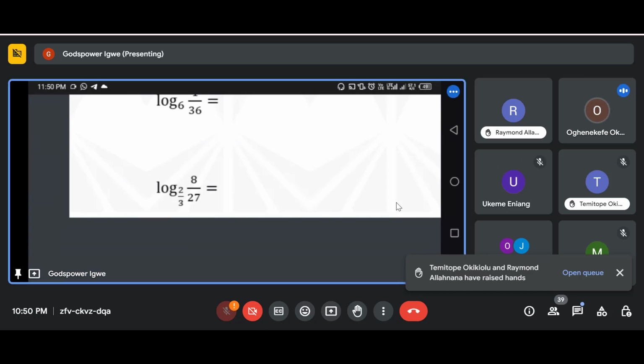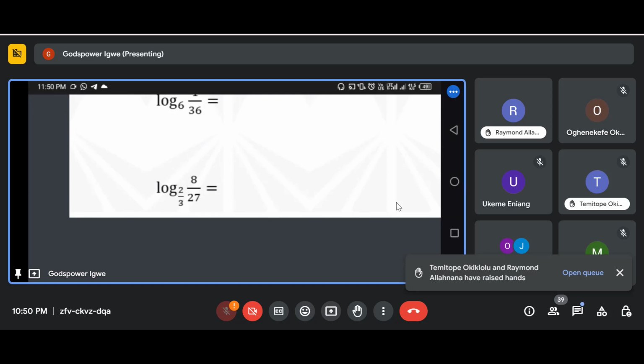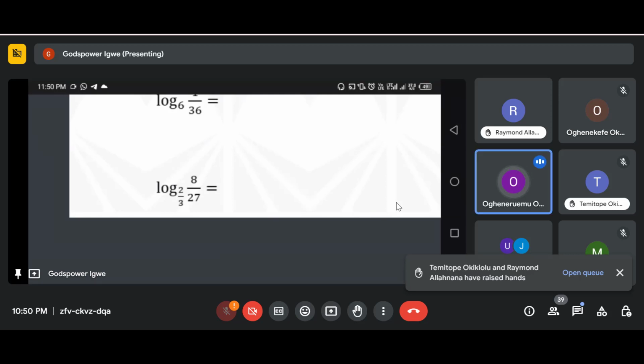Can you explain how it is 3? Okay, so the 8 is 2 raised to power 3, while the 27 is 3 raised to power 3.